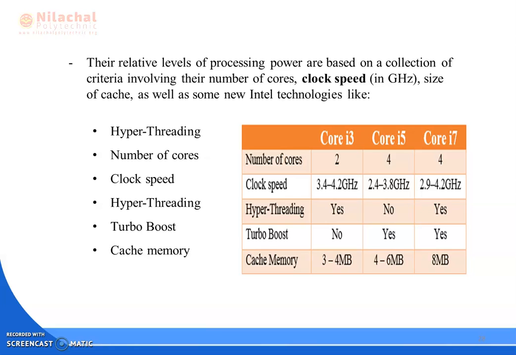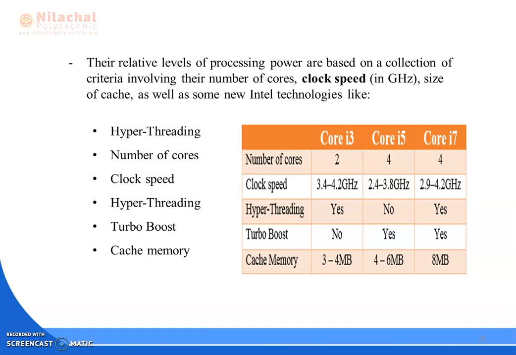So what are those features? The first feature is hyperthreading, that is, how are we able to do multiple tasks at one point of time? How efficient is the processor at doing multiple tasks at one point of time? So this is the hyperthreading concept.